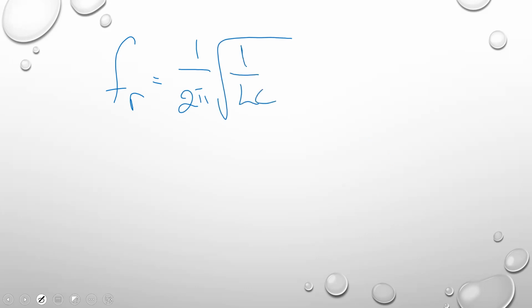So since you know it's a tank circuit, you can either seek to recall the equation for the resonant frequency or you derive it, right? But FR is equal to 1 over 2 pi square root of 1 over LC minus R over L all squared.